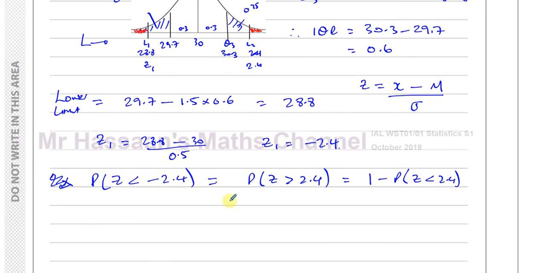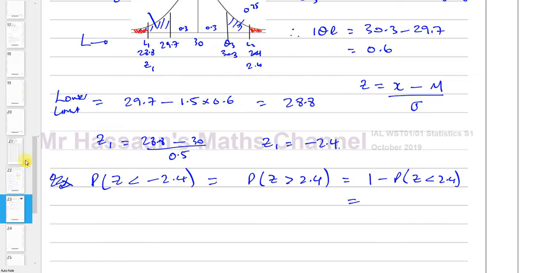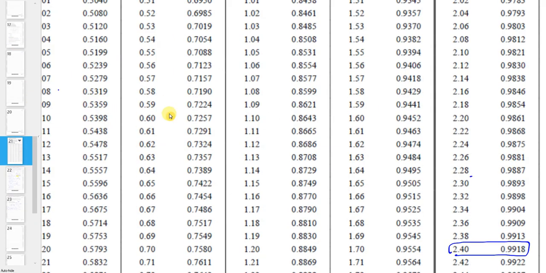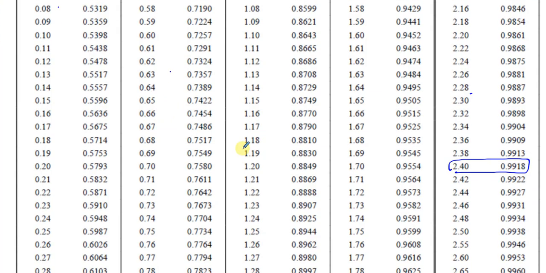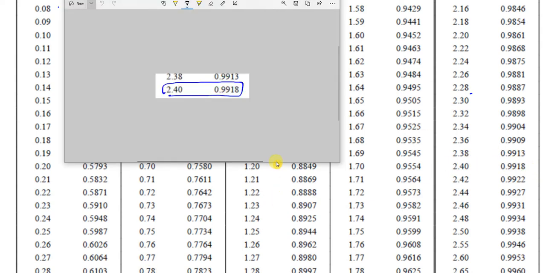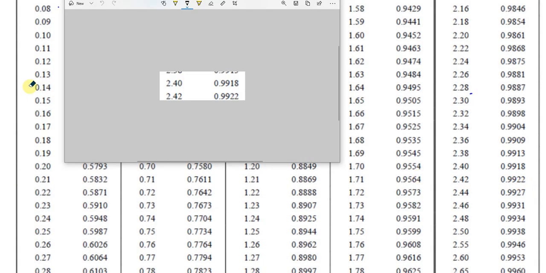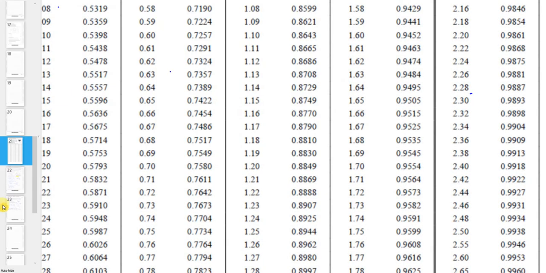So if we go to the table, look at 2.4. I've got it over here. This is 2.4 over here.